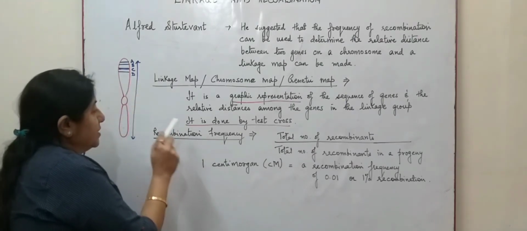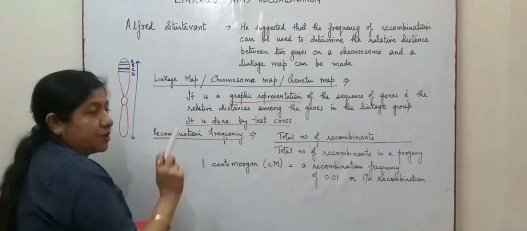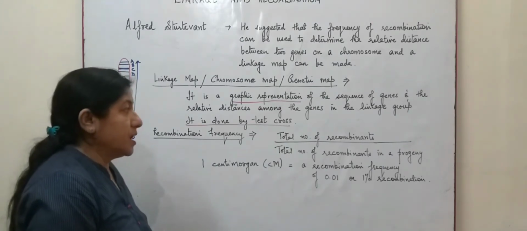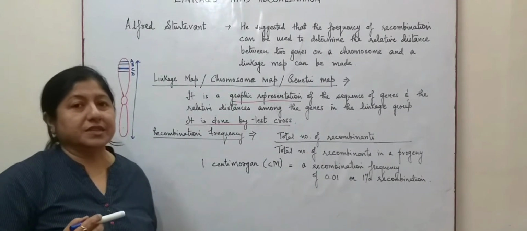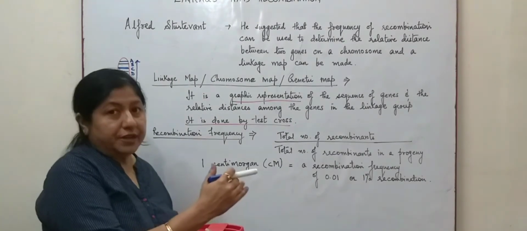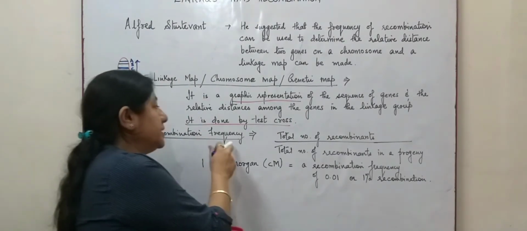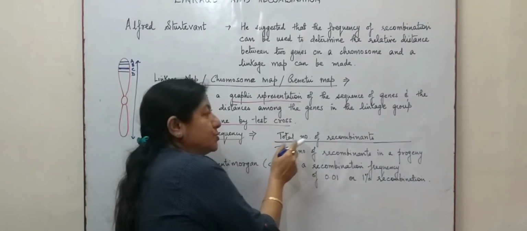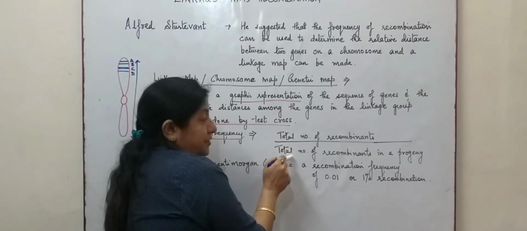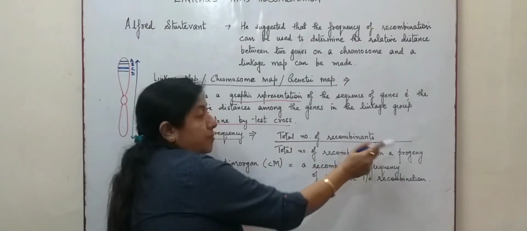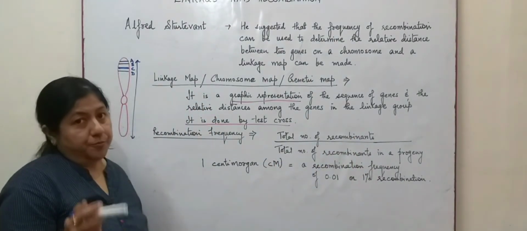Now here there is another term which is known as recombination frequency. Recombination frequency is the rate or the percentage of recombination. So recombination frequency is the total number of recombinants divided by the total number of progeny.